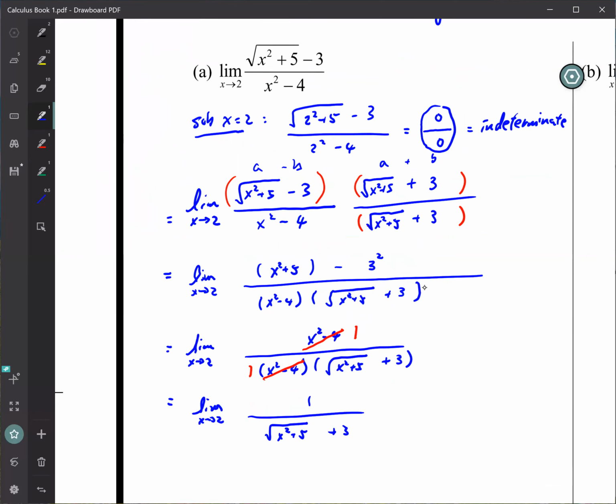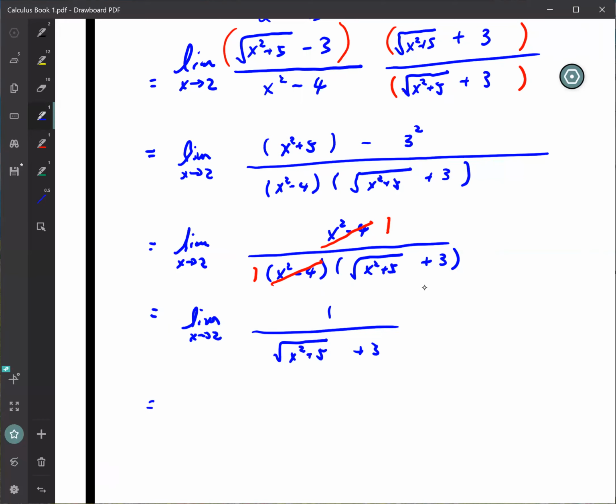So we plug it in. So everybody plug it in. And once you got an answer, please raise your hand. Okay, so I know how many of you got it.